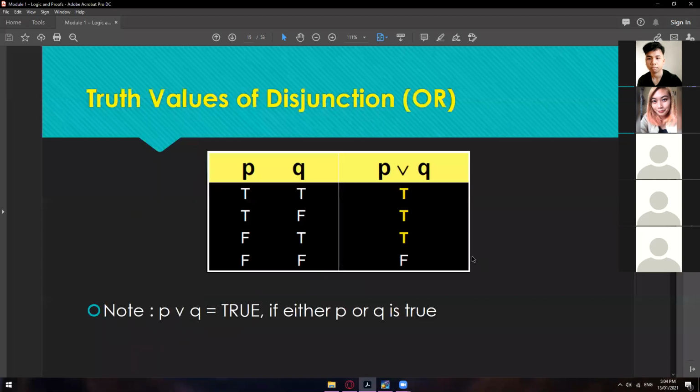Okay, so moving on. Truth values of disjunction. So, I hope lahat kayo nakaka-follow hanggang dito. Kasi kapag wala nagtatanong, feeling ko lahat kayo naiintindihan nyo yung sinasabi ko. Okay? So, yun na lang siguro yung pinaka-hint ko. Kapag walang nagtatanong, naiintindihan nyo. Para hindi na ako magtatanong kung naiintindihan nyo ba yung sinasabi ko or hindi.